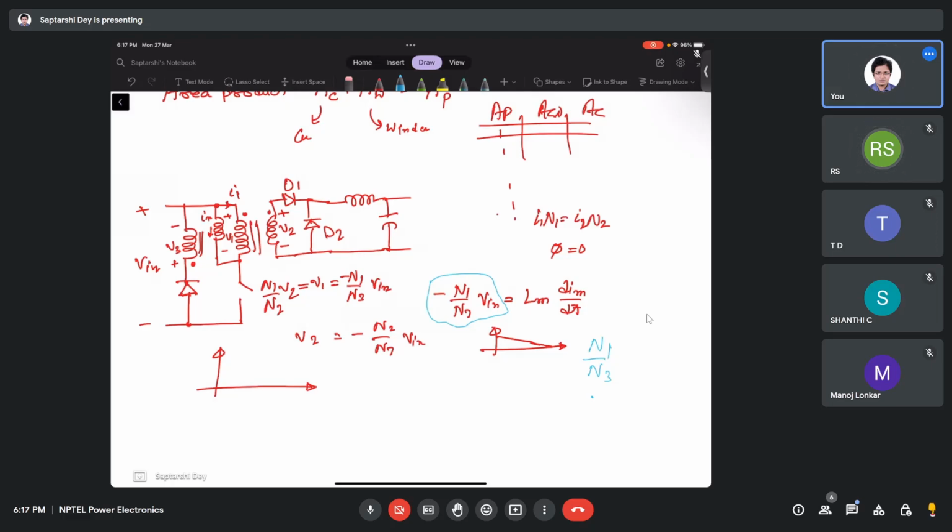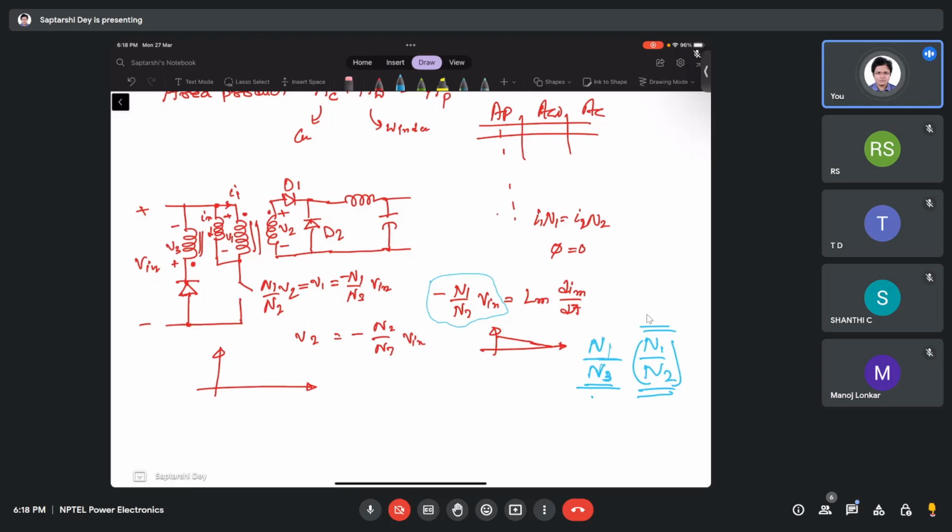So the larger this voltage, the larger the value of N1 by N3. We can say that our N1 and N2 were decided from the requirement of voltage stepping up or stepping down. So we can say the smaller the value of N3, the sharper is the fall of the magnetizing current.